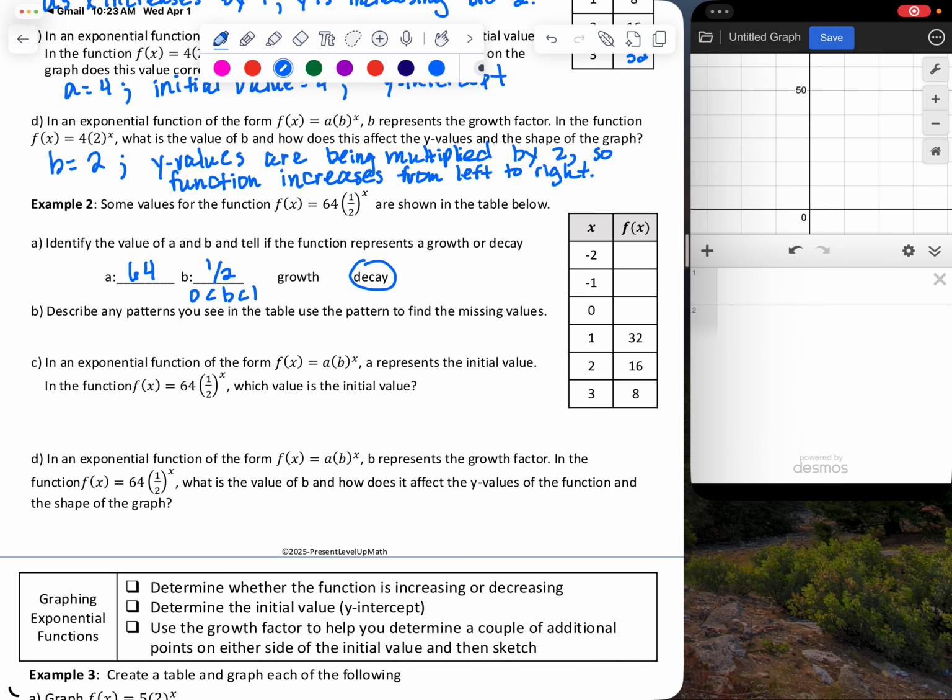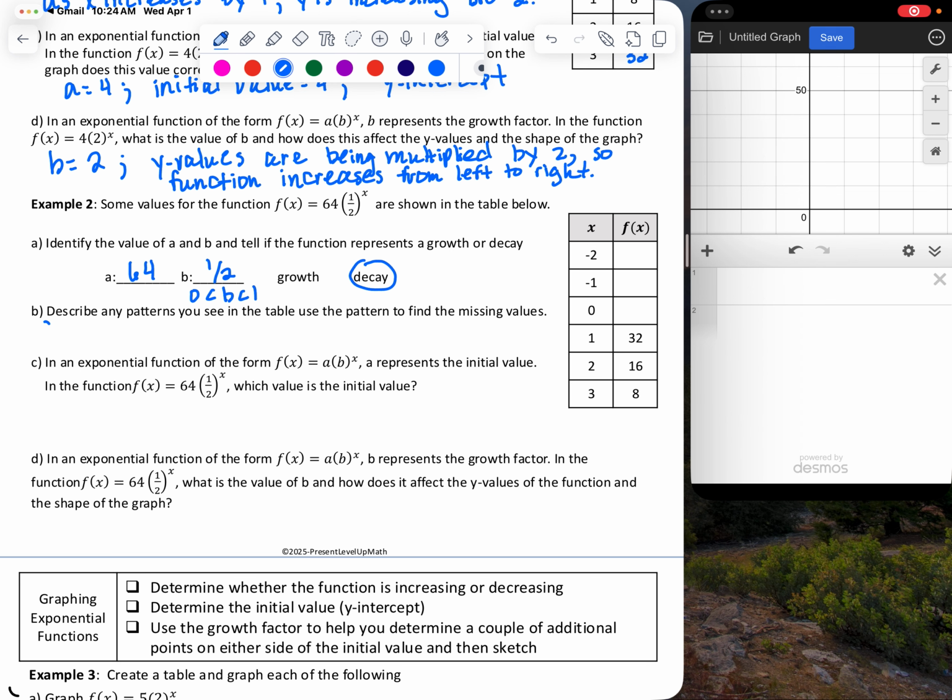All right, so let's try to fill in the missing values from our table. So they gave us 3 values: 1, 32; 2, 16; 3, 8. So in B it says describe any patterns you see in the table and use the pattern to find the missing values.